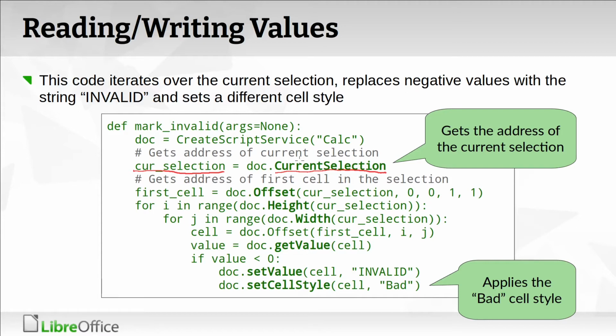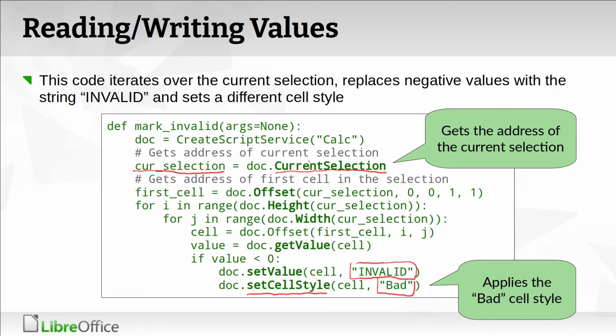I search for values that are smaller than 0, and then I write into these cells containing these values the word invalid. I also use the setCellStyle method from the ScriptForge library to apply a style to the cell. So this is another method that we can use.